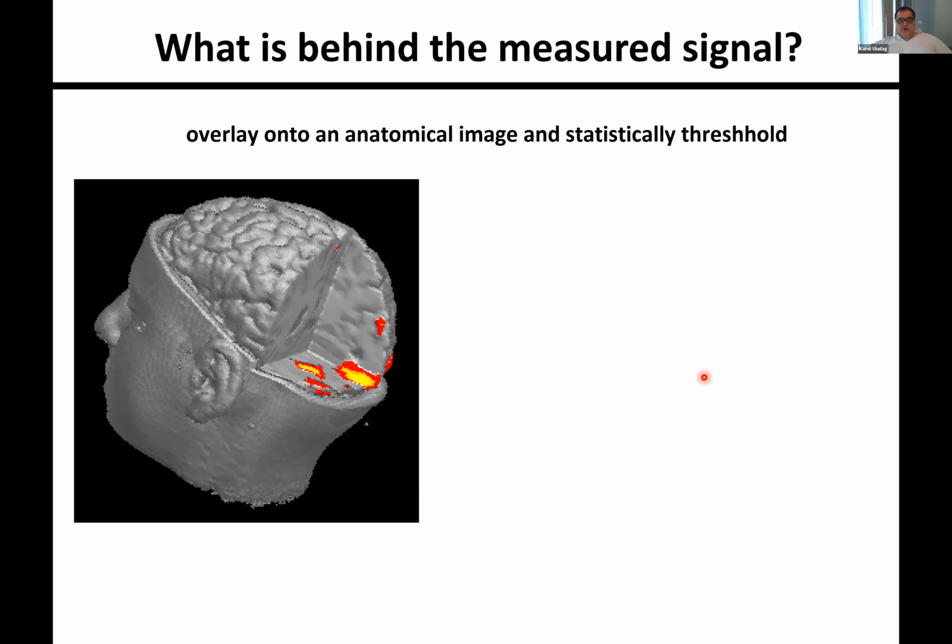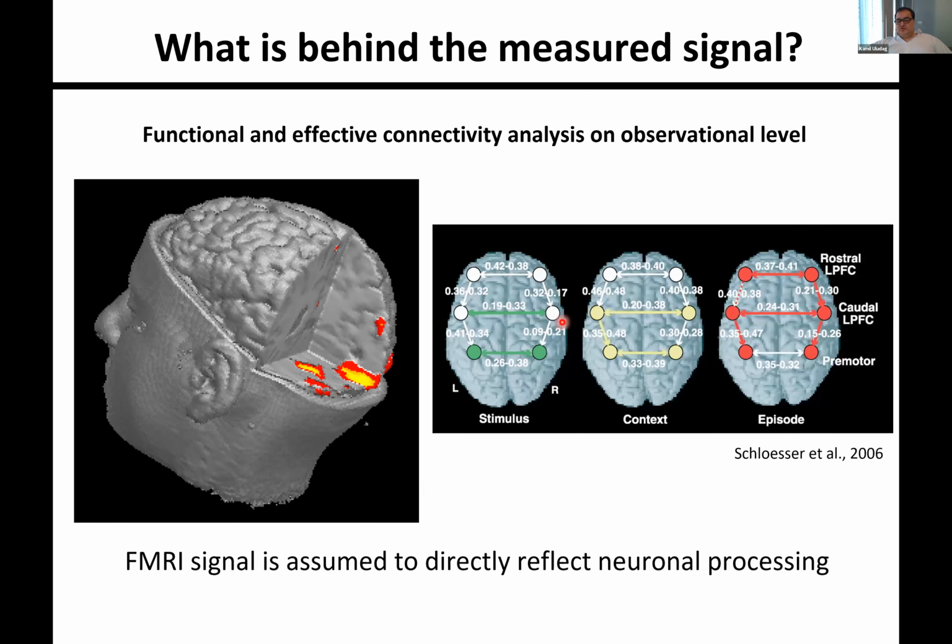Now, this one and this one, they assume that fMRI signal reflects neuroprocessing directly. And as I argued before, that's not the case. But you will find a lot of papers where they use fMRI and they will say neuronal correlates of consciousness and this kind of thing, even though it's not measuring neuroactivity.